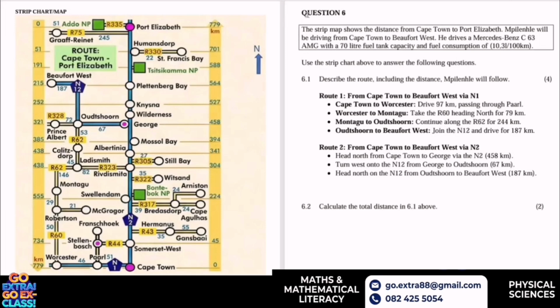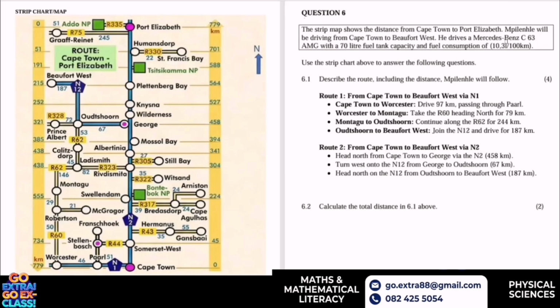Now let's get into it. This is question 6. It says the strip chart map shows the distance from Cape Town to Port Elizabeth. Bilenhle will be driving from Cape Town to Bedford West.